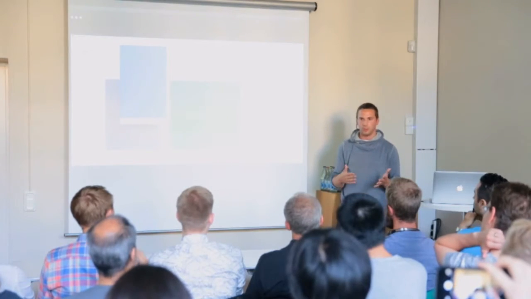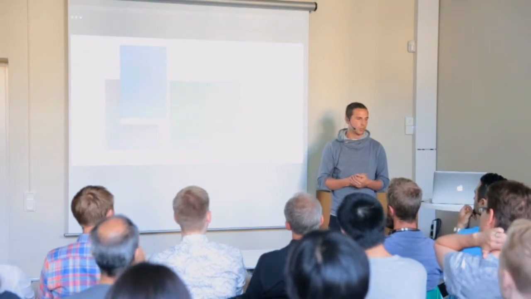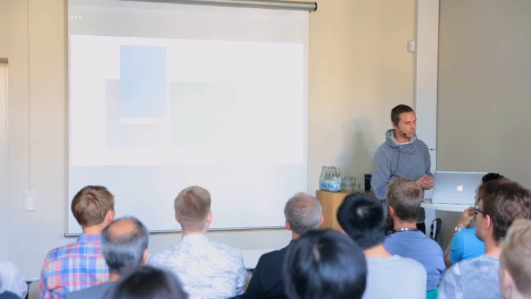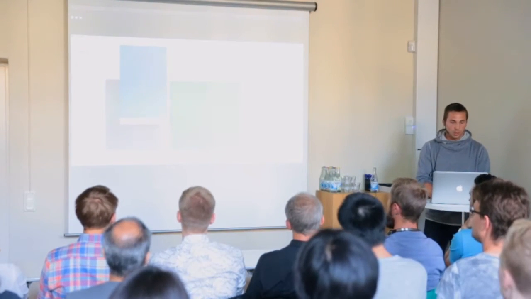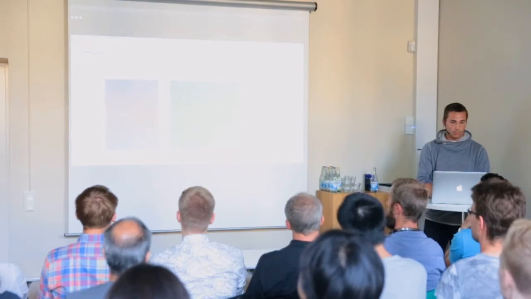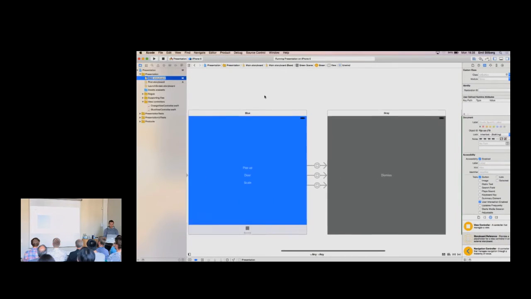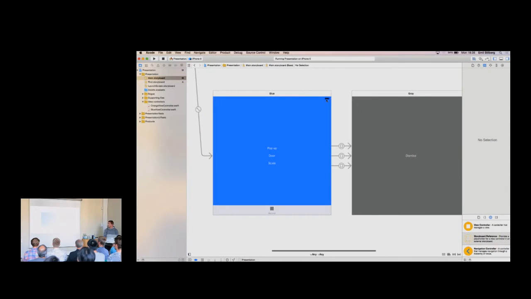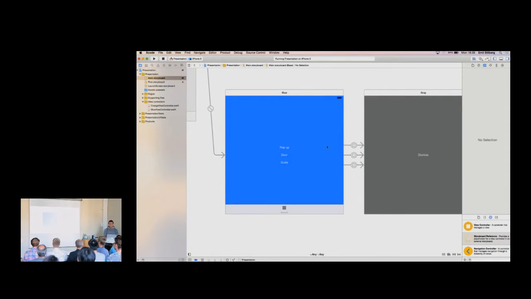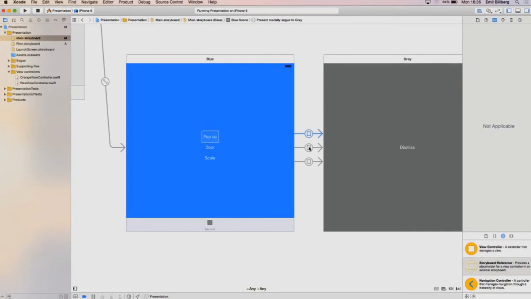So before, we had to go to the view controller and set up all that. But what's really cool now is that we can do all that in our storyboard. So if we go back to our main storyboard here, I've already set up a few segues. We have one segue here to the pop-up, door, and scale.